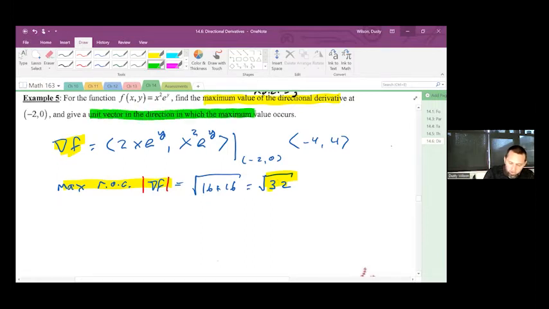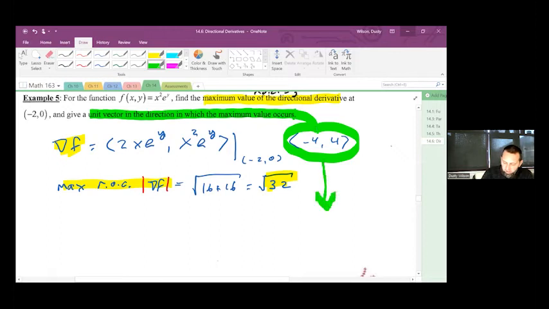So if we want a unit vector in the direction of the maximum value, then we're going to look at our gradient vector. This is going to be our v. And now we've got to find a u that's in that same direction. So we could take this vector and divide by its magnitude, which is square root of 32.